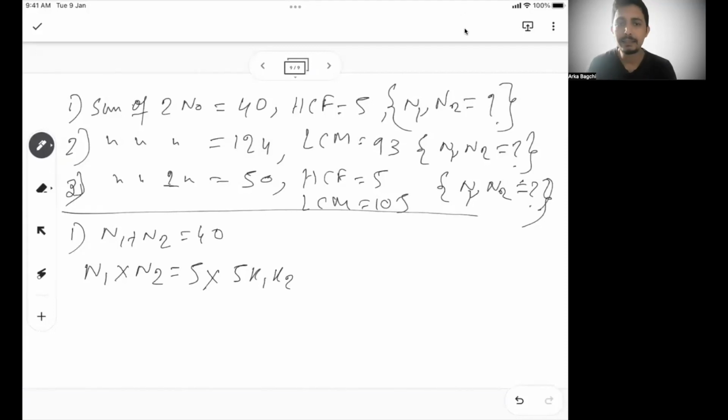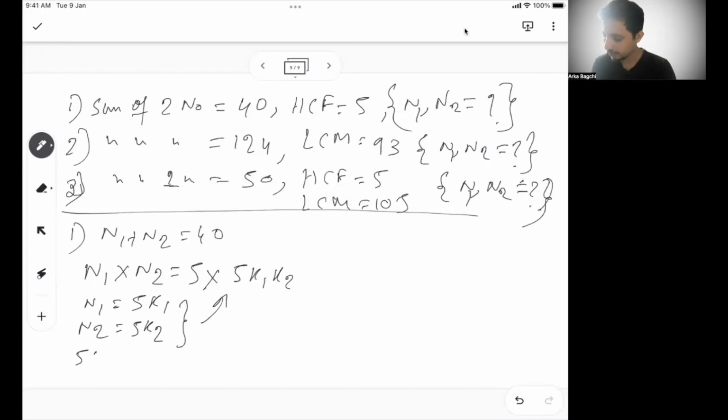Also, since the HCF is 5, we can write N1 as 5K1 and N2 as 5K2, because that will be the common factor and K1, K2 will be two different numbers. And from here only you can write this: 5 is your HCF and 5K1K2 is your LCM.